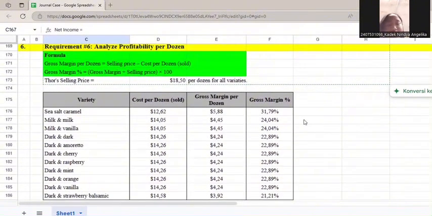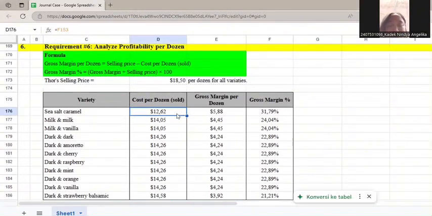Okay, and then we make it into a table where for the sea salt caramel, the cost per dozen is 12.62. And for the gross margin per dozen, we use the formula that I said before. And then what we find is 5.88, and the gross margin percent is 31.79%. Can you please scroll down?